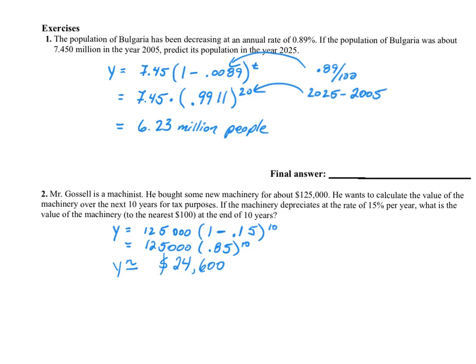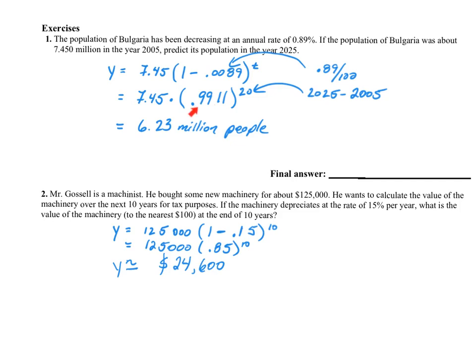In the first exercise, it said the population of Bulgaria has been decreasing. There's our key word. At an annual rate of 0.89%, and if the population of Bulgaria was about 7.45 million in 2005, predict its population in the year 2025. So our initial amount is 7.45 million. Our rate of decay is going to be 1 minus 0.0089, which gives us 0.9911.